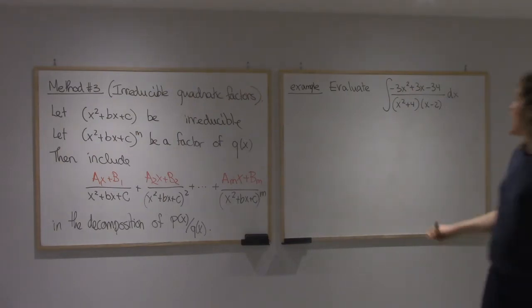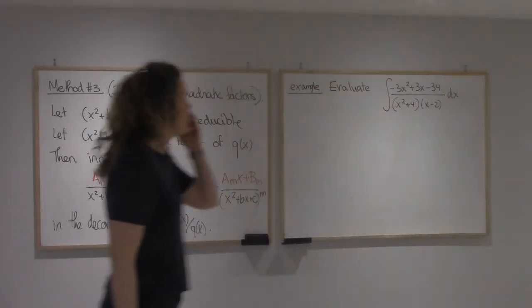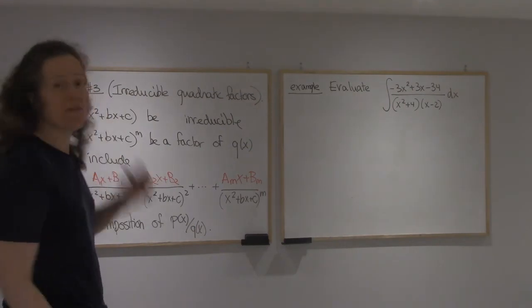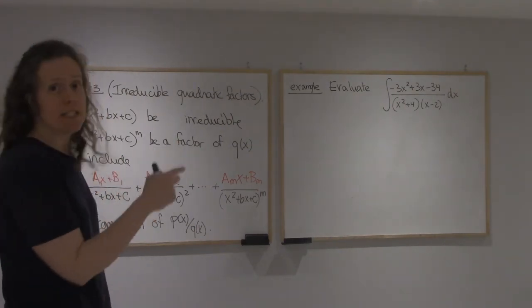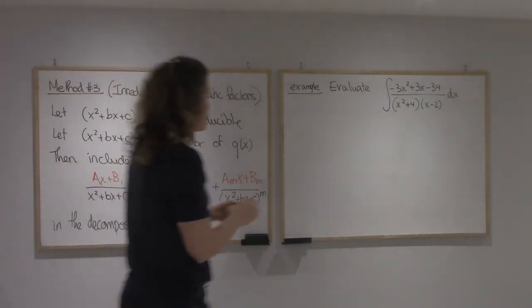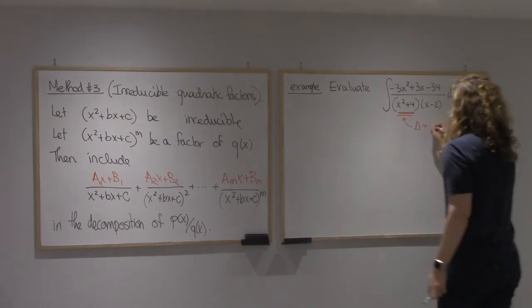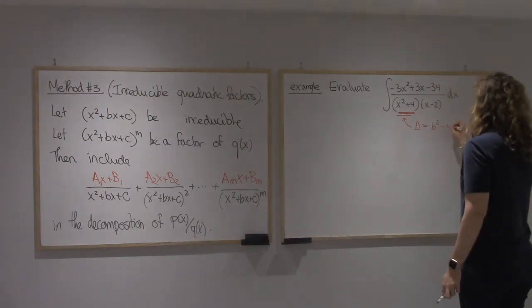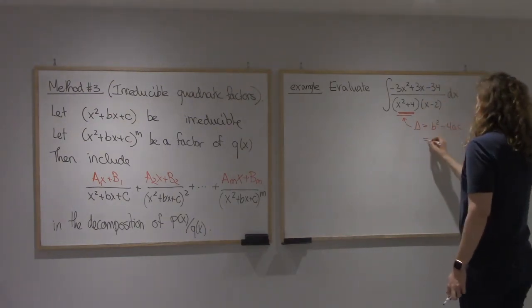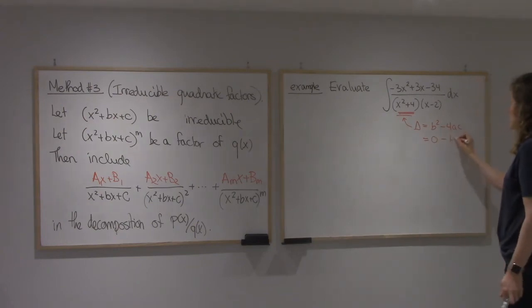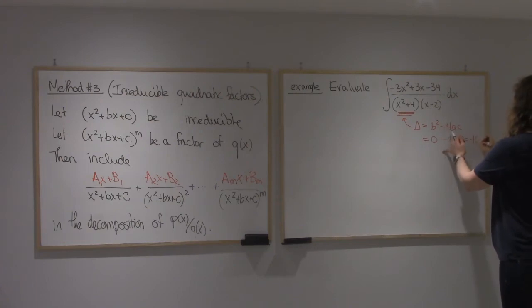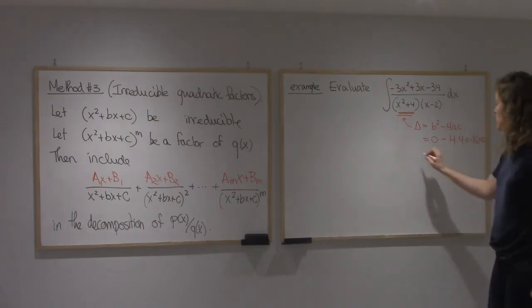So let's say you're asked to integrate this function. Then the first thing I need to do is make sure that my denominator is completely factored. So let's look at this term. My discriminant will be minus 16, which is negative, so it's irreducible.